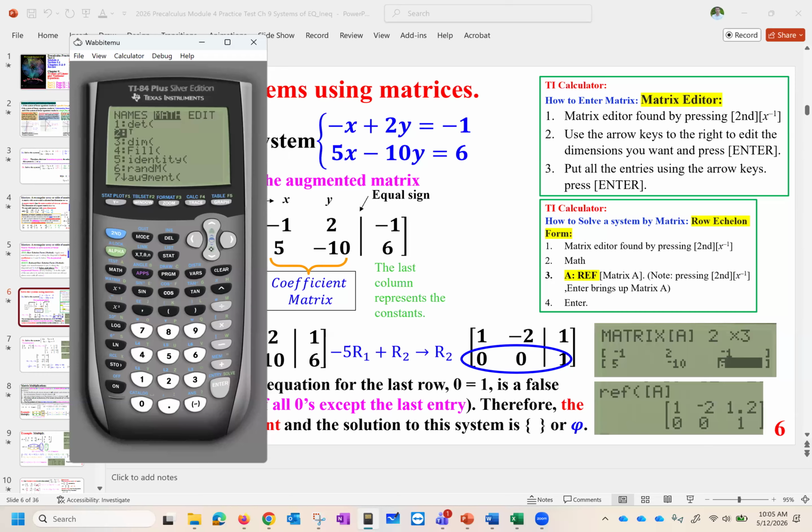I'm going to move this down to REF. And I'm going to press enter. And then second X, and I'm going to bring up the A matrix, close parentheses, REF. And if I enter it, I get exactly what we had there, 1, -2, 1, 0, 0, 1. So you can use a calculator in this fashion.